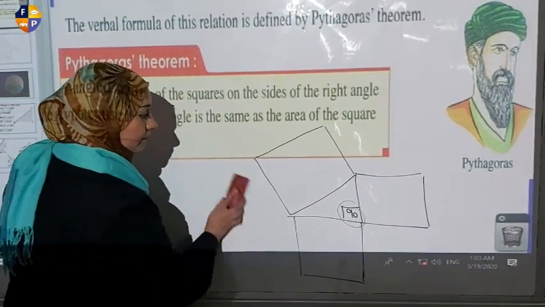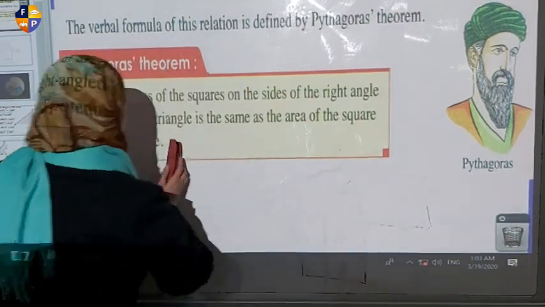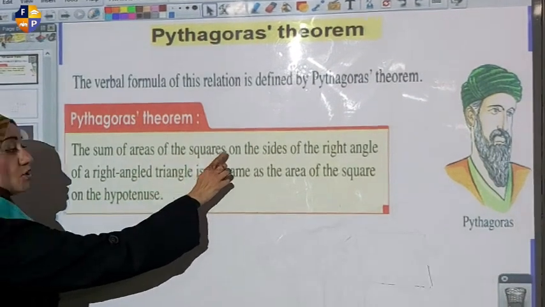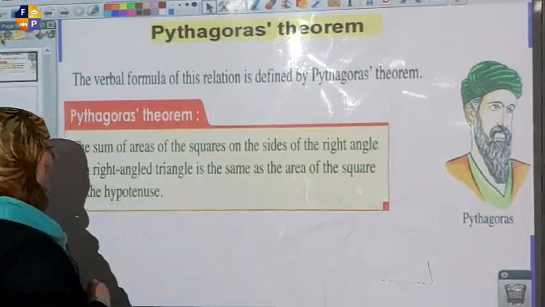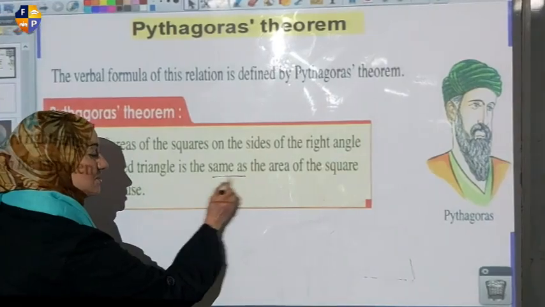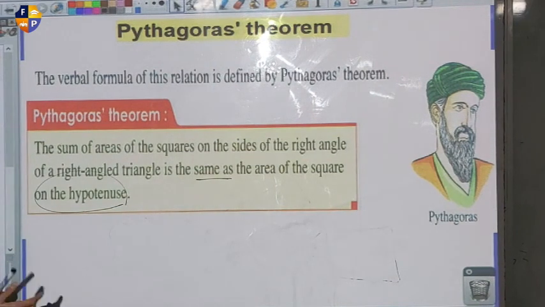And this is the formula of the theorem, okay? The sum of the areas of the squares on the sides of the right angle triangle is the same as the area of the square on the hypotenuse.